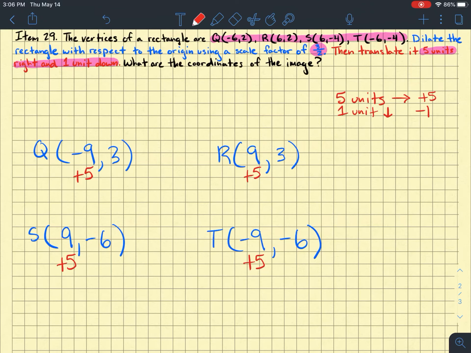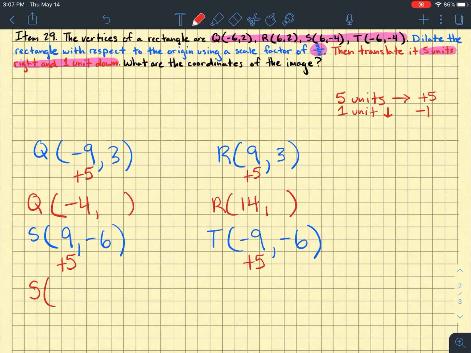So Q, after we're done with everything, will be located at -9 plus 5 is -4. And then we'll do the y's after. R is going to be located at 9 plus 5, which is 14. And again, we'll do the y's after.